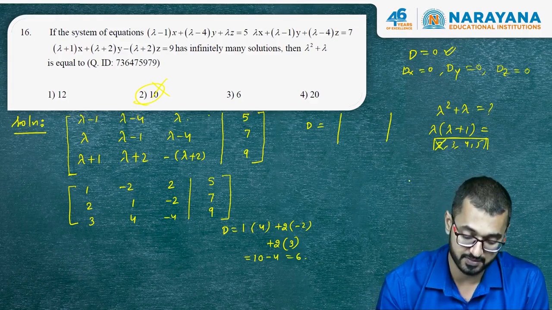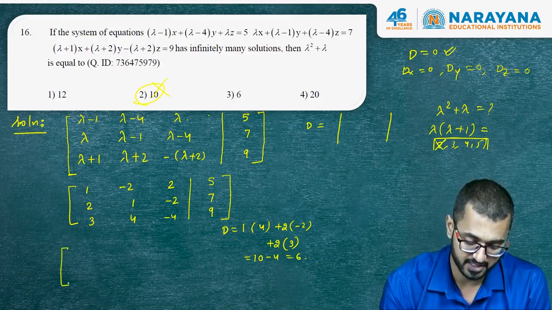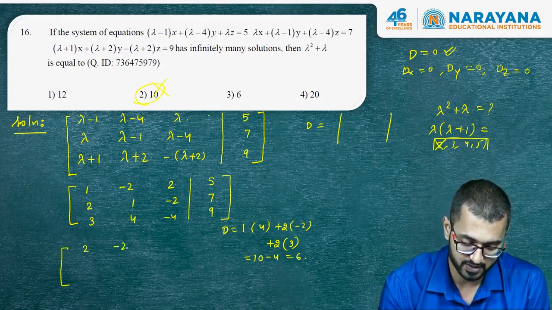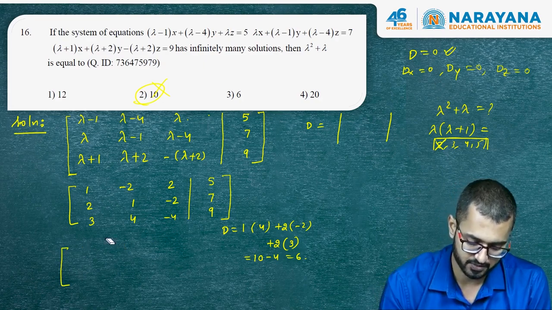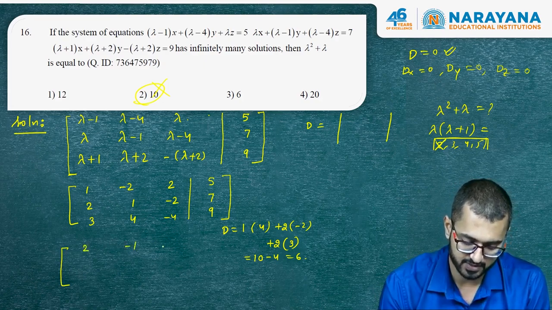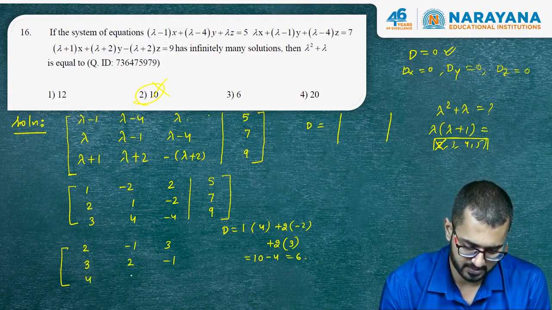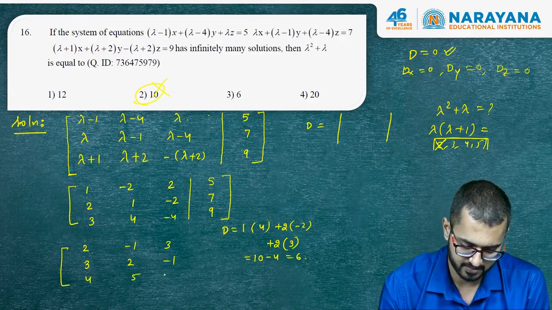Moving to the next, it will be 3. Similarly, when you plug in 3, it will give me 2, 2 minus 4 is minus 2. We are plugging in 3, so 3 minus 1 is 2, 3 minus 4 is minus 1. Then this is 3, 3, 2, minus 1, and lambda plus 1, that means 4, and 5 and minus 5.